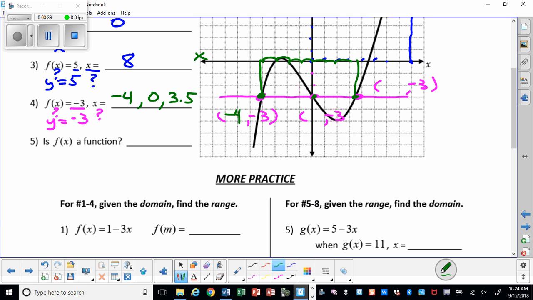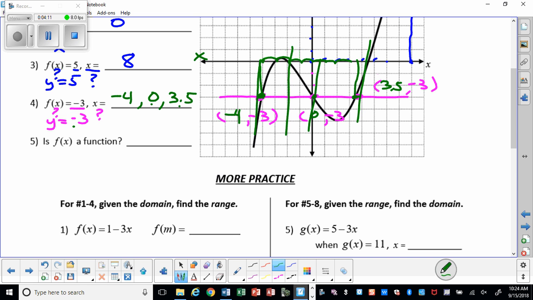Okay, so the x is not repeating. Y can repeat. Okay, that is a function. It's okay to have all these negative y's. Let's see, this was 0, negative 3, and this was 3.5. All right, because vertical line test. All right, if I put in a negative 4, I know I'm going to get a negative 3 out. If I put in a 0, I know I'm going to get a negative 3.